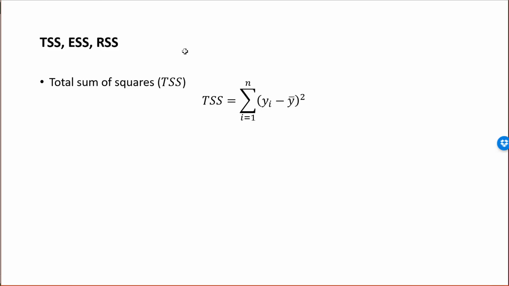It's the sum, and what we're summing is the squared deviation from the mean of the dependent variable, the one that we are explaining. If you look at this formula, it looks very similar to the sample variance of y.